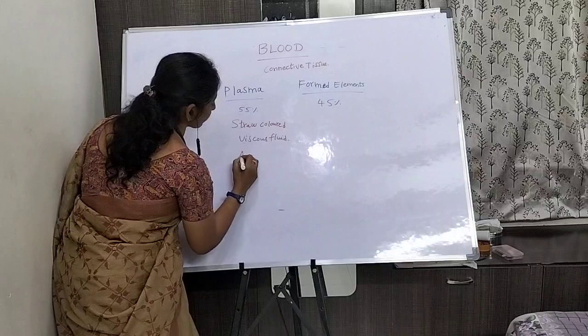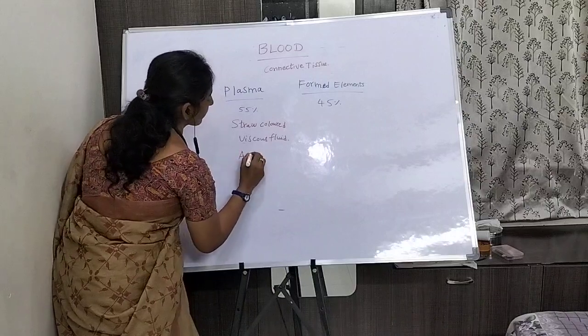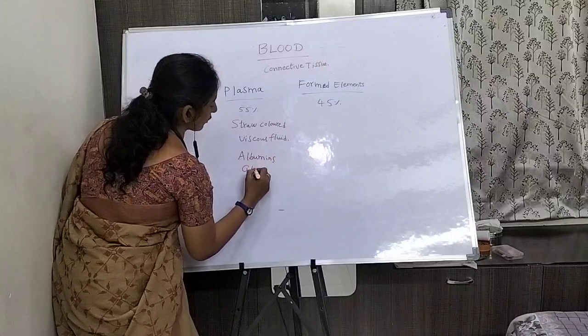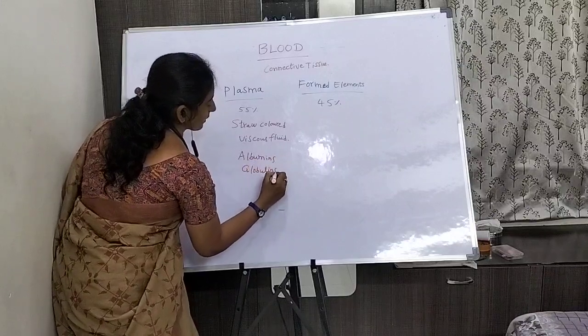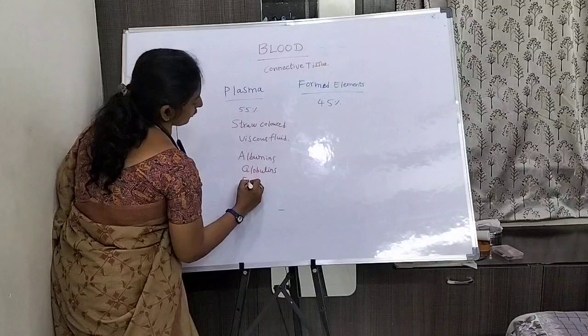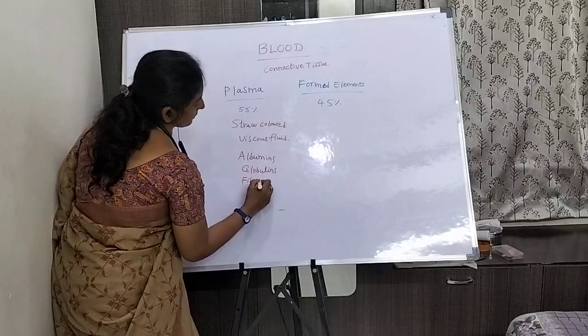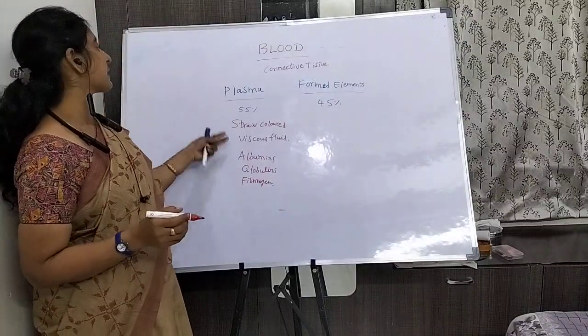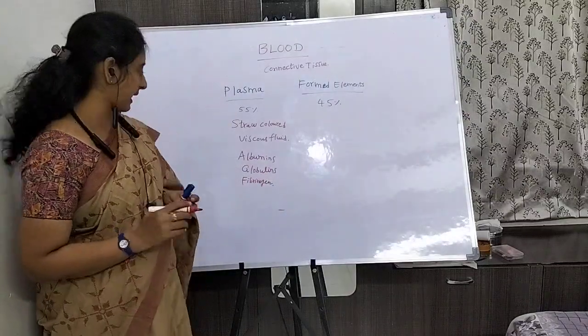So albumins, globulins and fibrinogen are proteins present inside the plasma.